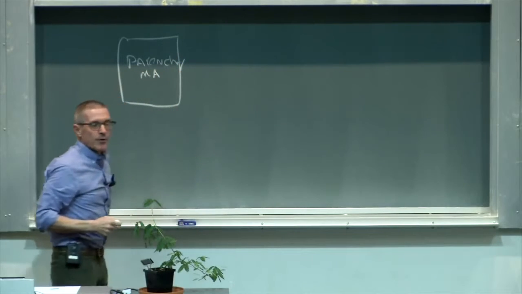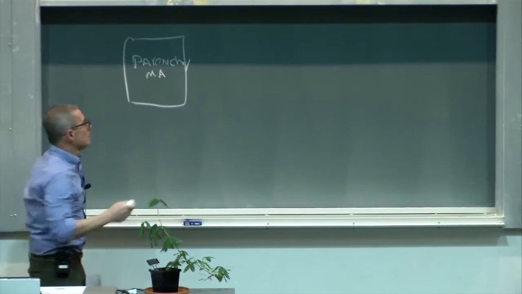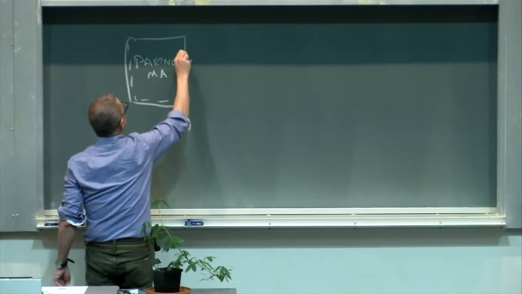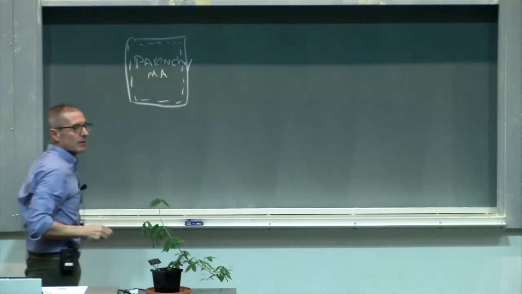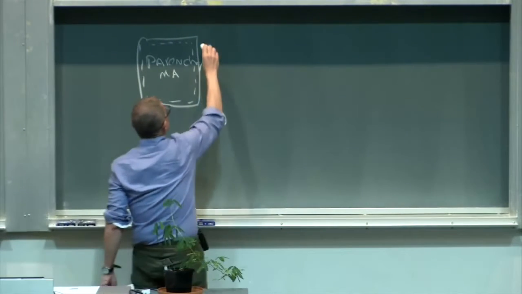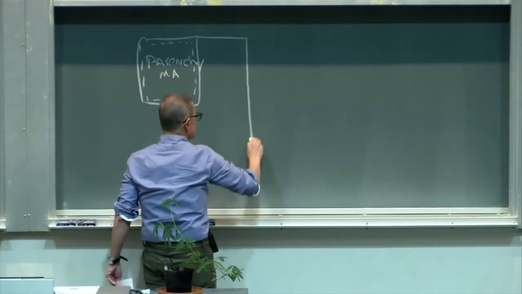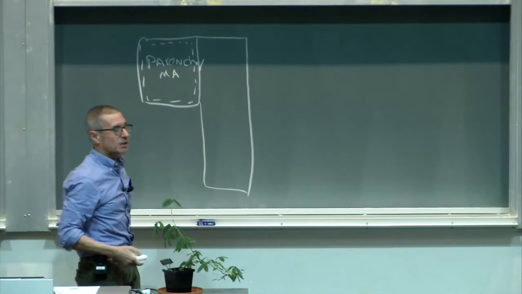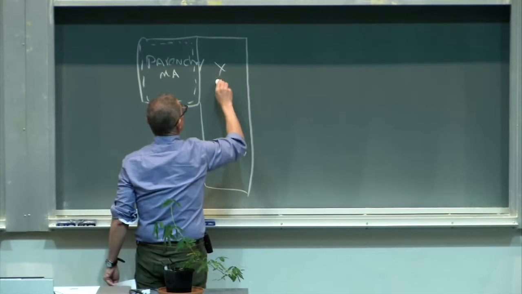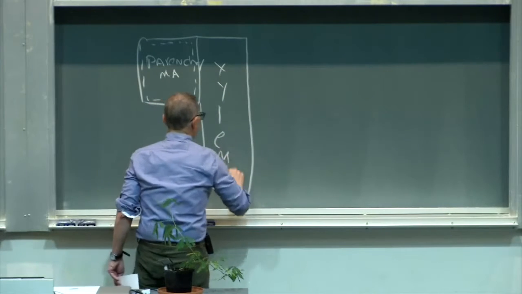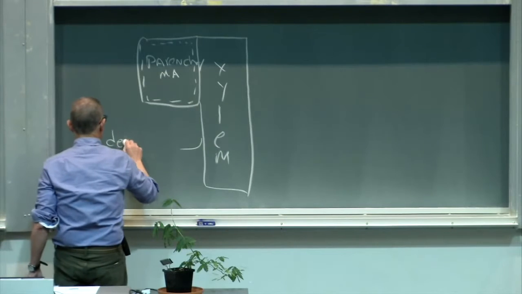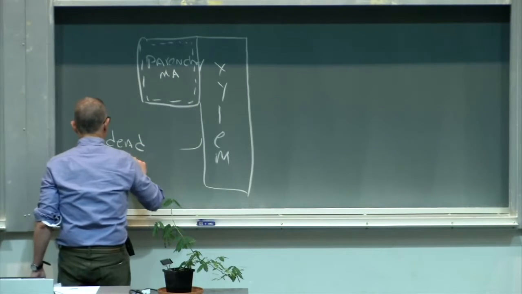And remember, a parenchyma cell is living, so it has a membrane. Living cell having a membrane. And in this situation that I'm giving you, it is directly adjacent, in fact, it's touching a xylem element, which, as you will recall, is dead, no membrane.